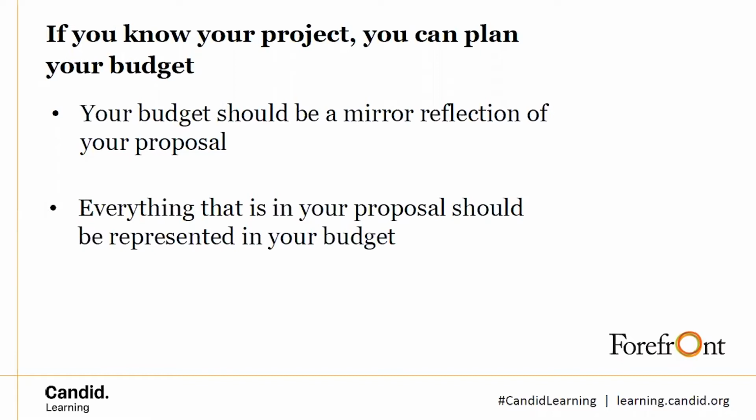Two things to keep in mind with this. This is because your budget is a bit of a reflection of your proposal. This is a piece of your proposal, and it should basically be telling the same story, just with the price tags attached. So when we talk about proposal writing, we'll often mention that different reviewers of proposals will start with different pieces of the proposal. Some people who review proposals start with the summary, the executive summary.